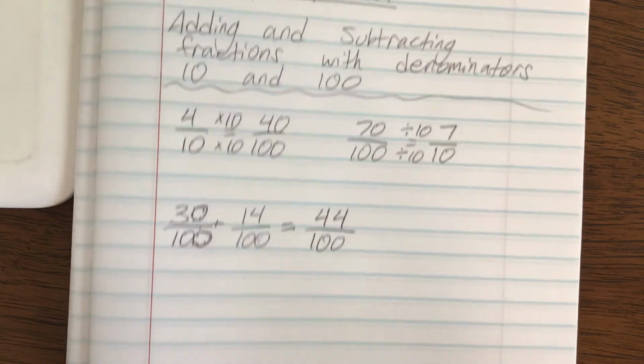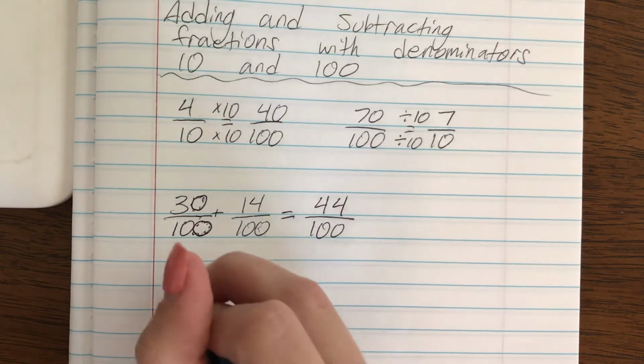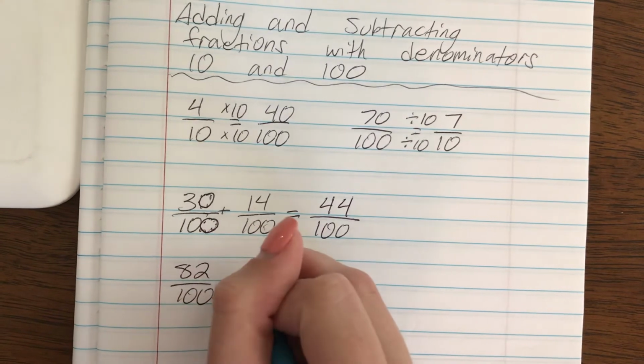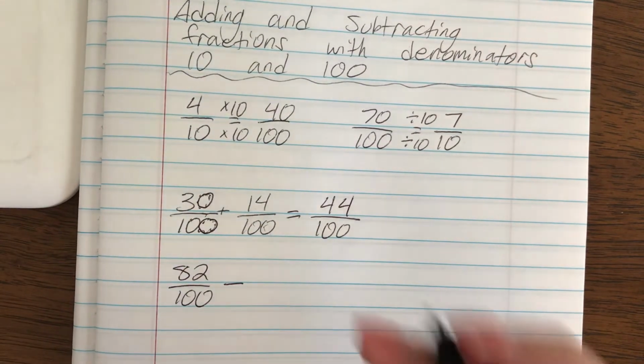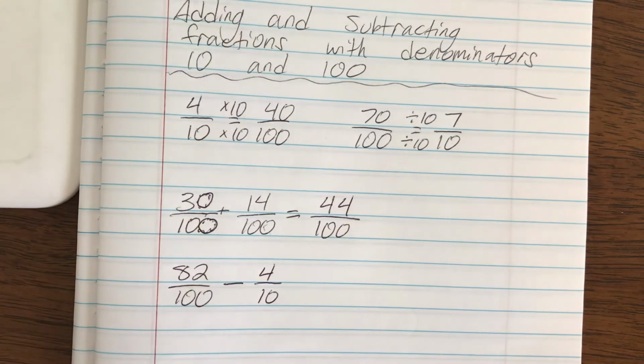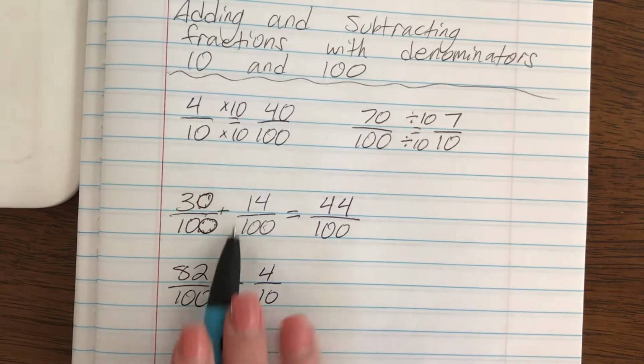Same thing with subtraction, boys and girls. Let's say that we had 82 hundredths minus 4/10. So looking back as to what we did on top, we're going to do the same thing with the subtraction problem that we did with the addition.